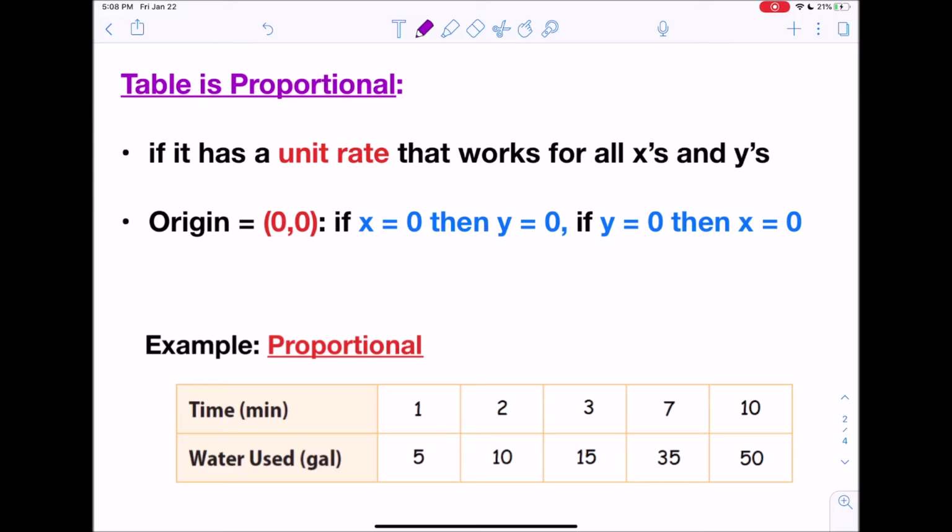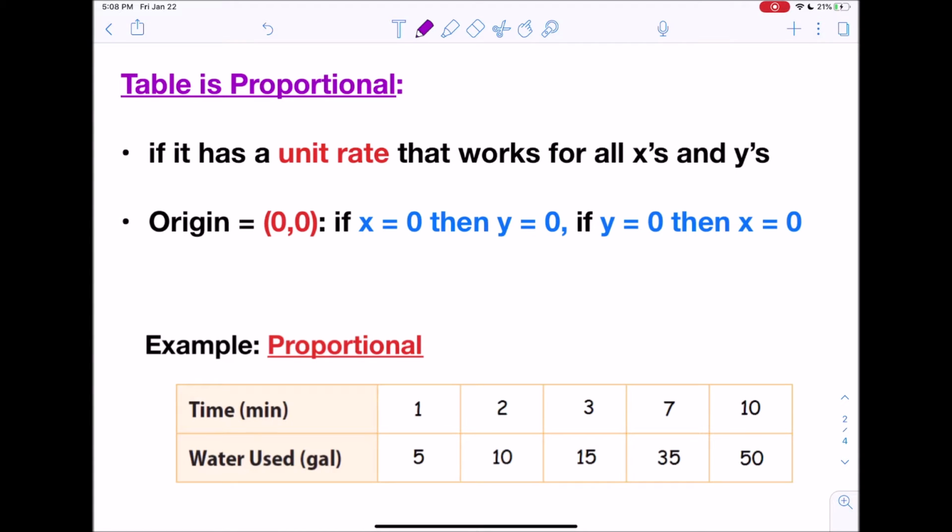All you need is one unit rate to not be the same in your data set to make it not proportional. It just takes one. It doesn't matter if all of them work but one. If there's one, then the whole thing is not proportional.